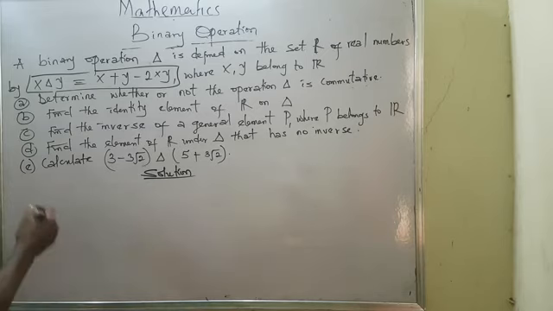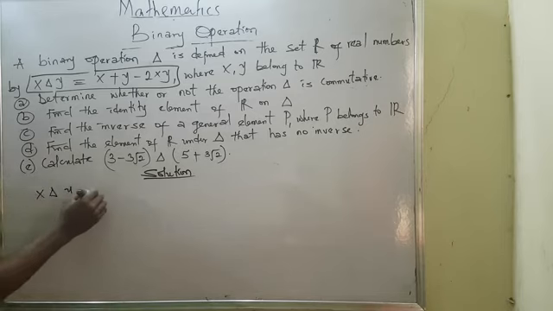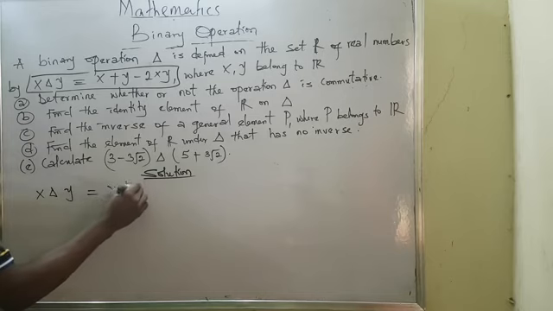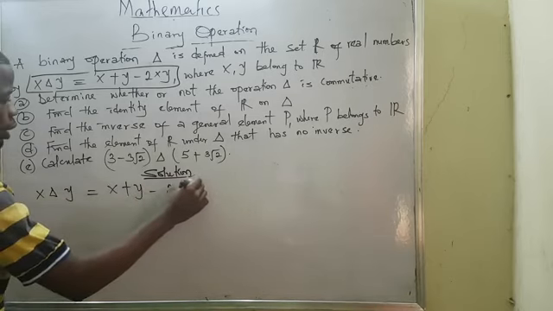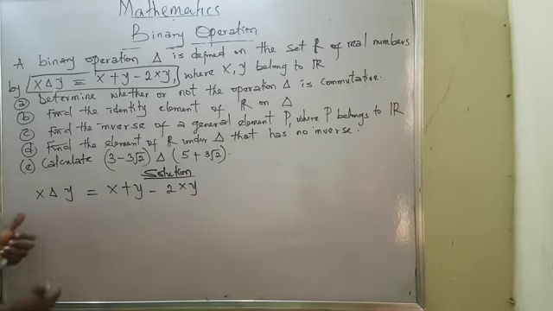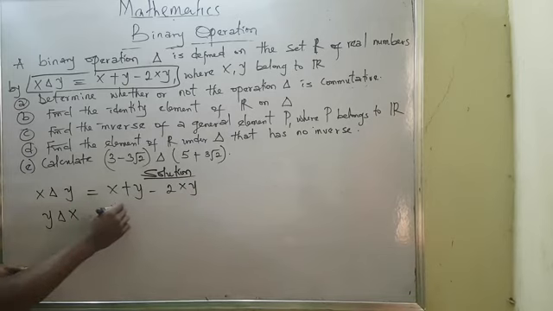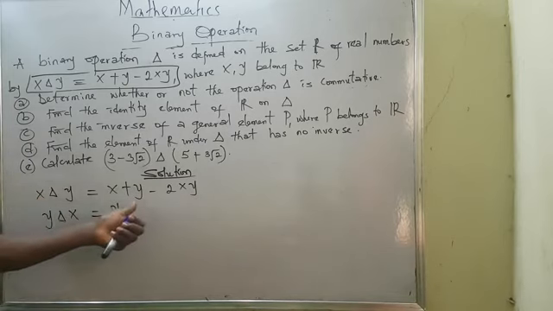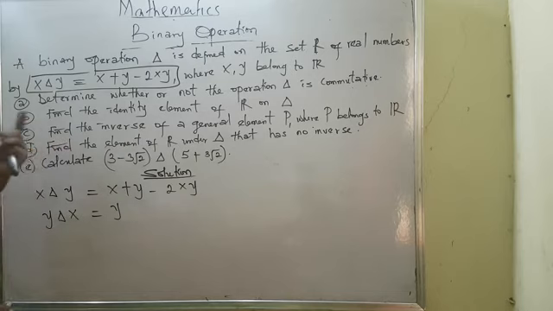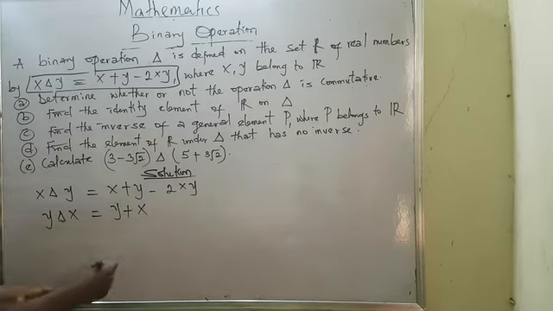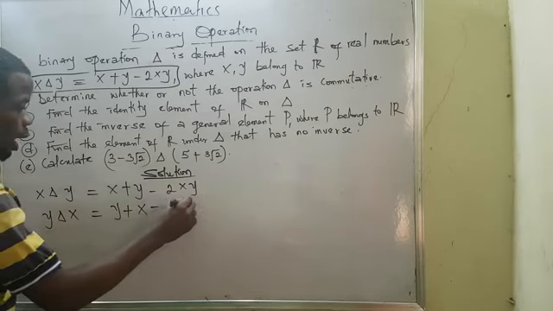Since we know that x operates y gives us x plus y minus 2xy, then we should look at y operates x. By this definition, we must stick to the definition. A definition is like a structure that is in place, so we follow that structure, follow the pattern. So here you have y plus x, then minus, because y is operating x now, 2yx.